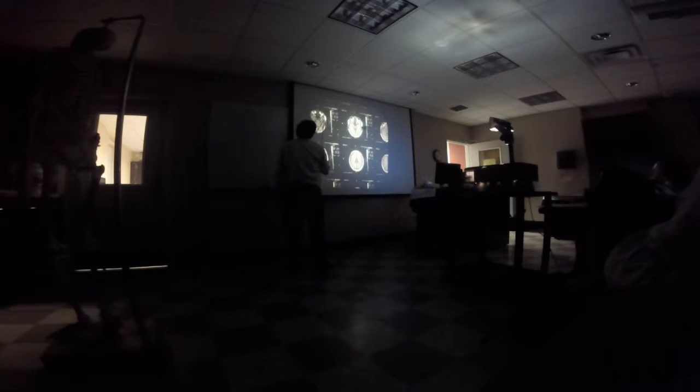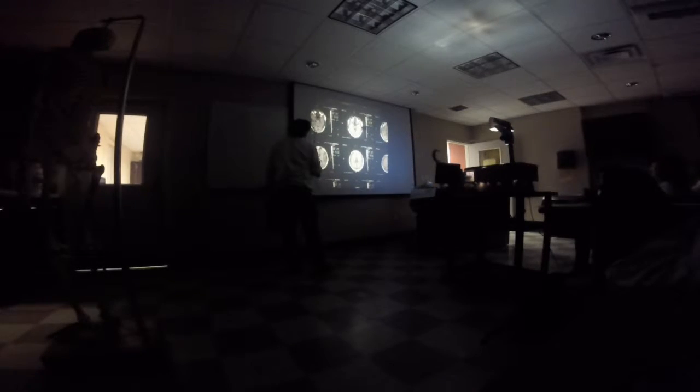You're catching more of the temporal lobes here. You're catching more of the cerebellum. Here you just see a little bitty piece of the upper cerebellum. Here you're catching more cerebellum.